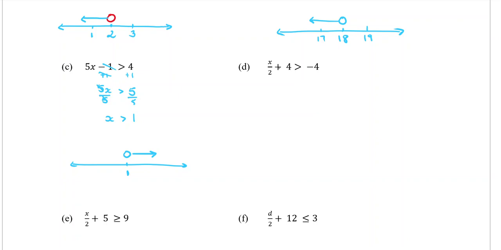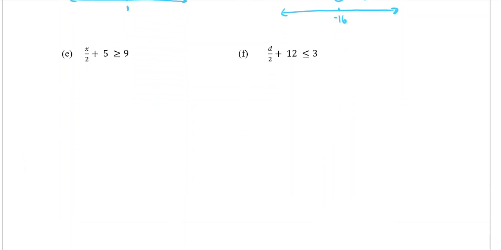Part D, to get x by itself, we are going to do the 4 on the side here first, which means we're minusing 4. X over 2 is greater than minus 4 minus another 4 is negative 8. Then times the 2. That gives x is greater than minus 8 times 2 is negative 16. So negative 16 is our number in the middle. It's an open circle again, and greater than means points to the right.